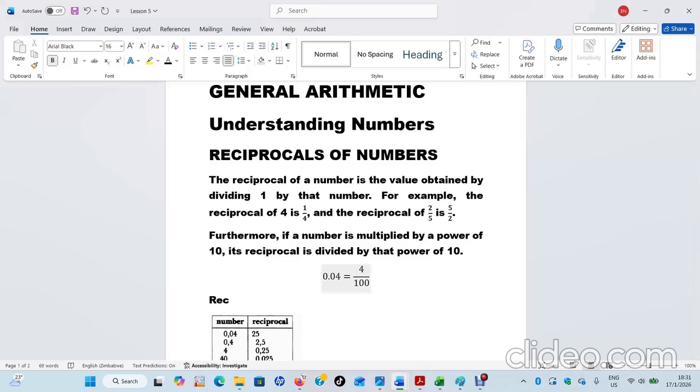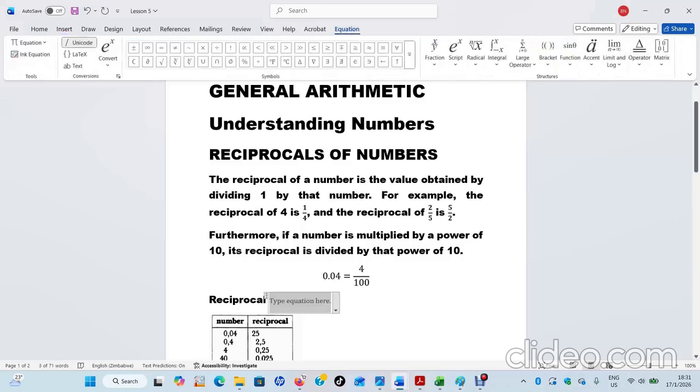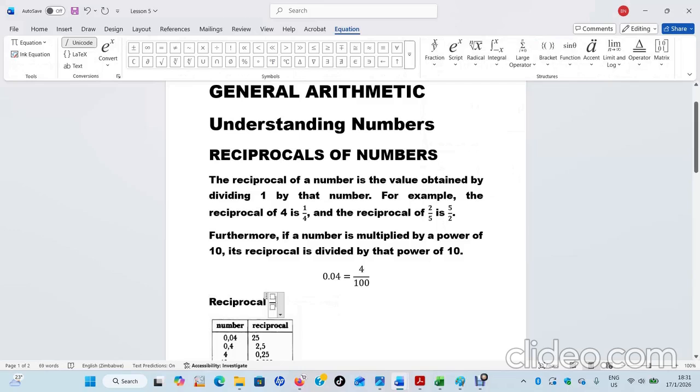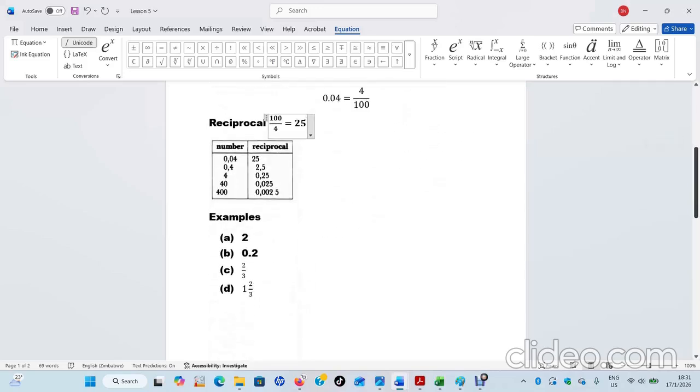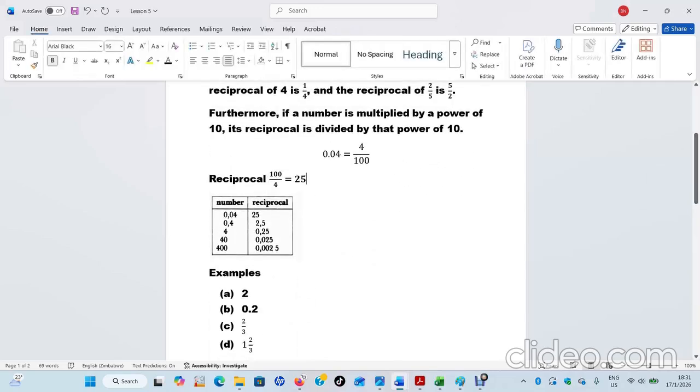We can write the reciprocal of 0,04 is, for those who know, I think this is straightforward, 100 over 4. But what is 100 over 4? It is 25. So the reciprocal of 0,04 is 100 over 4, which is 25.